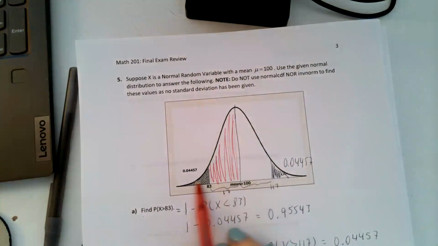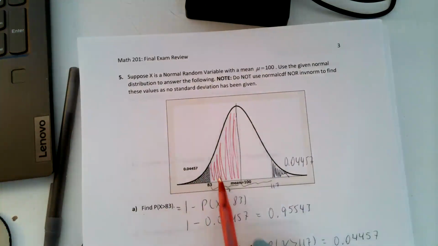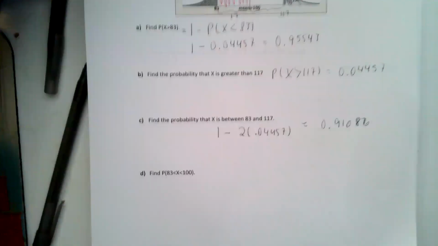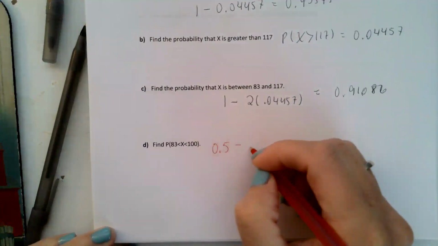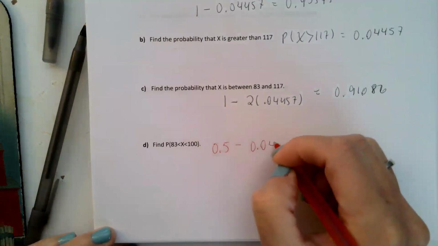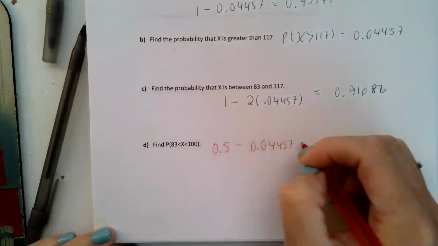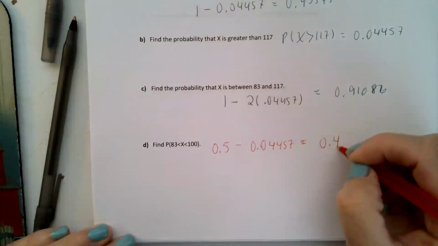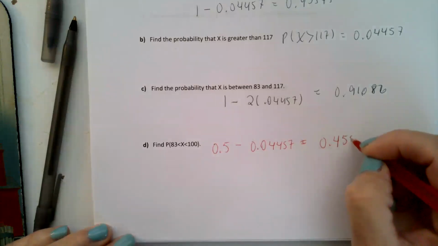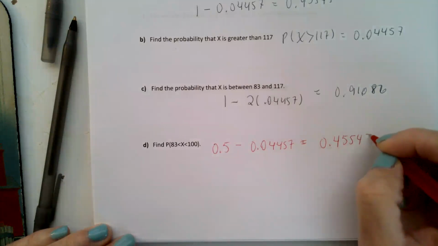And I know that everything less than 100 is 0.5 because that's where our center is. So I can take 0.5 and subtract away the 0.04457, and we get 0.45543.